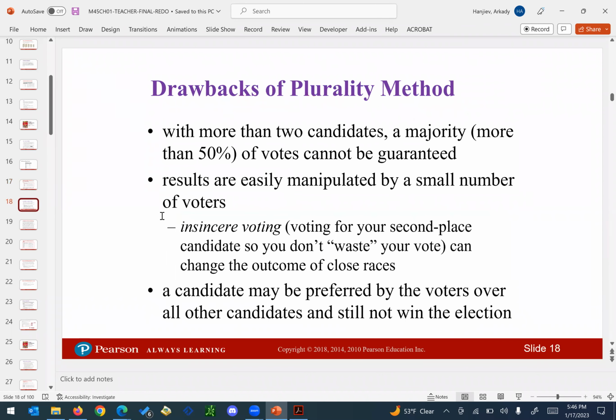All right, so let's go with it here. With more than 2 candidates, a majority, more than 50%, cannot be guaranteed most of the time. So then what happens here is the results can be highly manipulated. Some people don't vote because they figure the person's not going to win anyways.